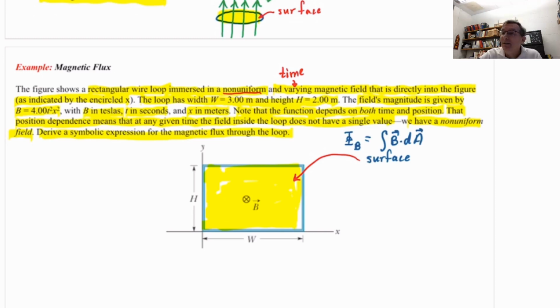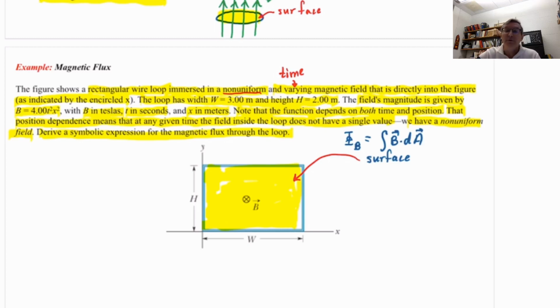And those area elements, those vectors, dA arrow, have to be perpendicular to the surface. Well, the shaded surface there in yellow is in the plane of the screen. So the requirement on the dA arrow is that its direction must be perpendicular to the screen, so either towards us, out of the screen, or away from us, into the screen. And on a flat surface like that, it's completely our call.